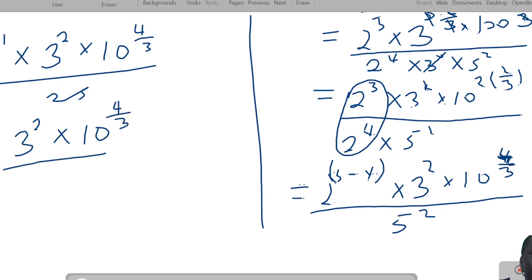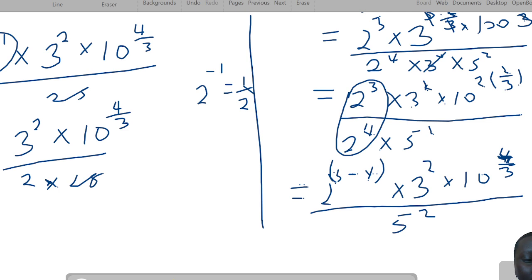2 to the power of negative 1 is basically the same as a half. So because it's a half, the 2 goes to the denominator, and 25 times 2 gives 50.